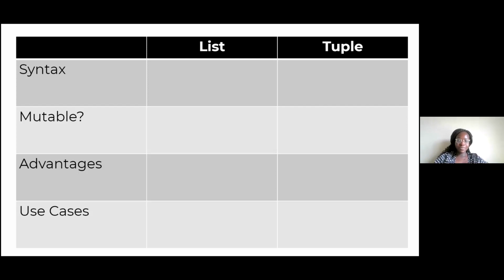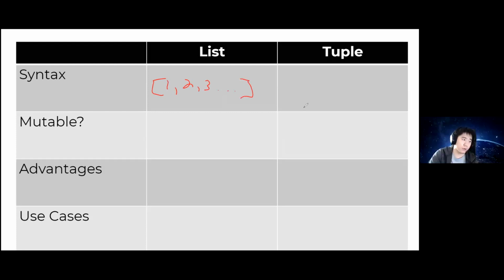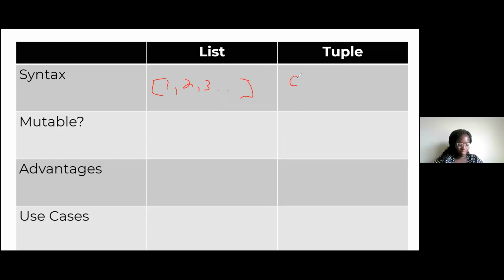Can somebody tell me the syntax for writing a list, at least in Python? Brackets. Brackets, exactly, 1, 2, and so forth. What about a tuple? Parentheses. Yeah, curly brackets. I'm actually horrible at drawing those curly brackets.